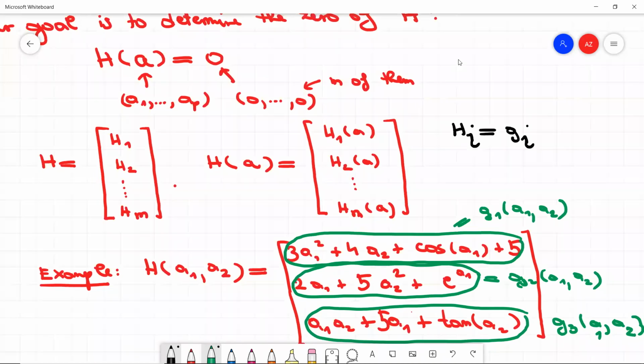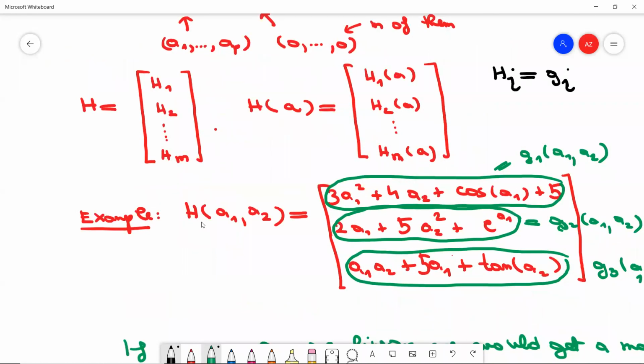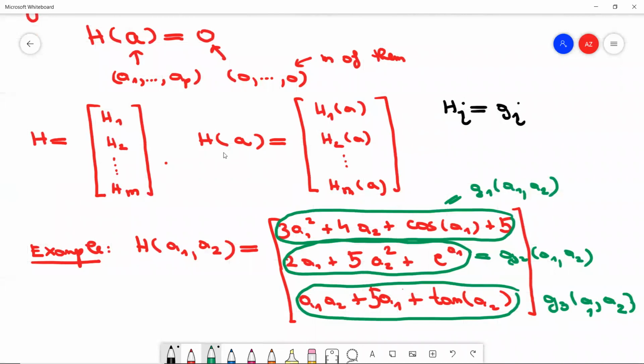So here I wanted to write a general situation, but in the example I refer to G's above, how we came to this general setting. So yeah, from now on, when we will be in general setting, we will work with capital F or capital G or capital H, and the coordinate functions will be then F1 up to Fm or G1 up to Gm and so on.